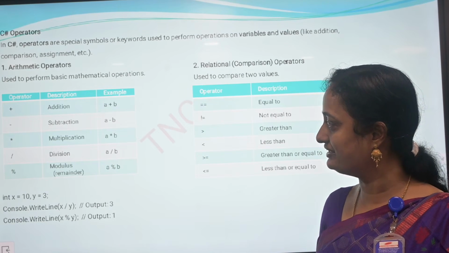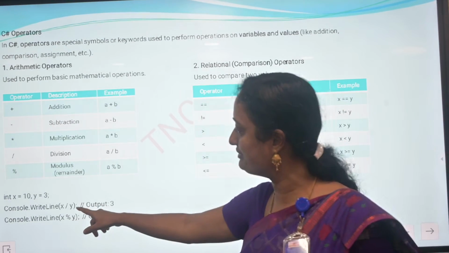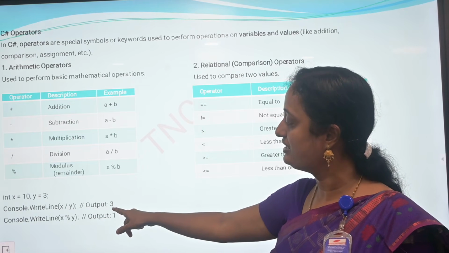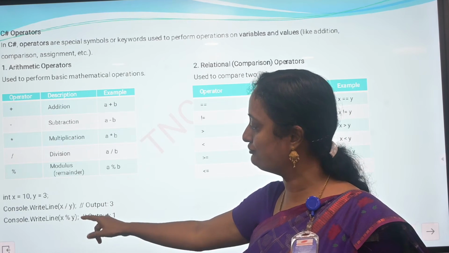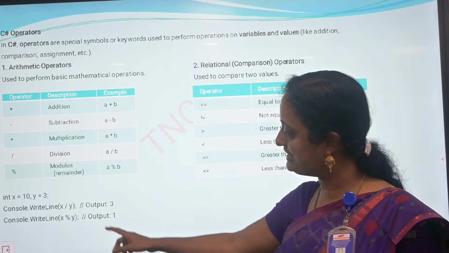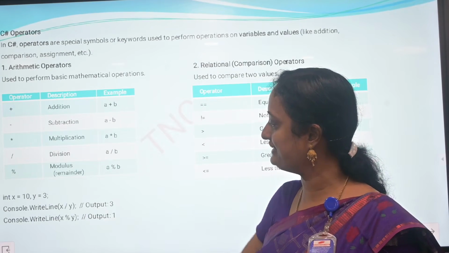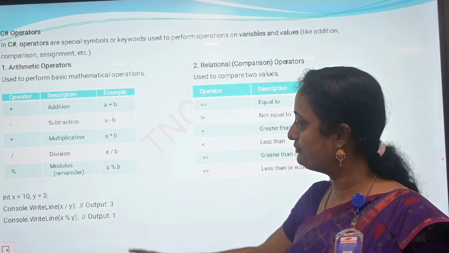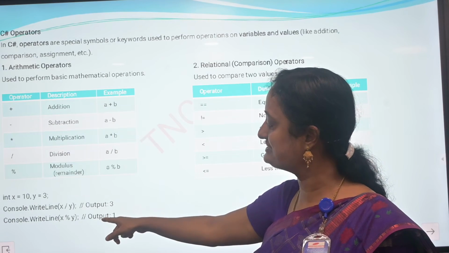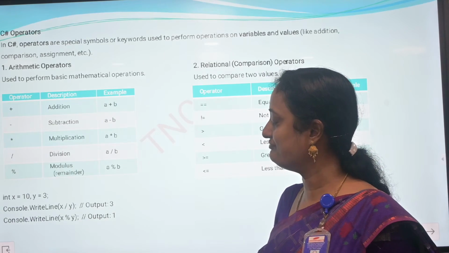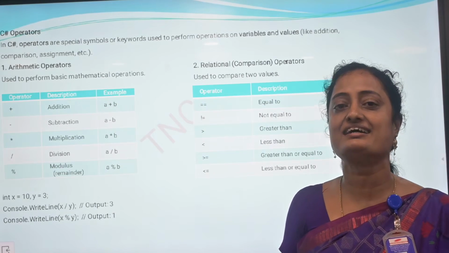If we do x divided by y, it will print the value 3. Similarly, for modulo division, x modulo y, when we print with Console.WriteLine, modulo division is used to produce the remainder.